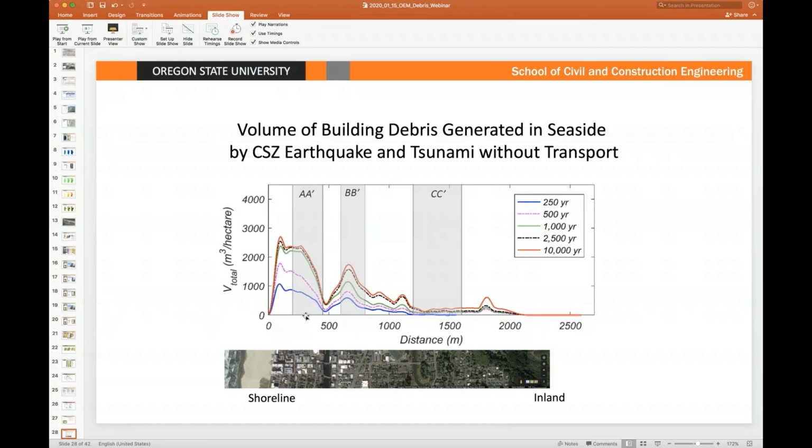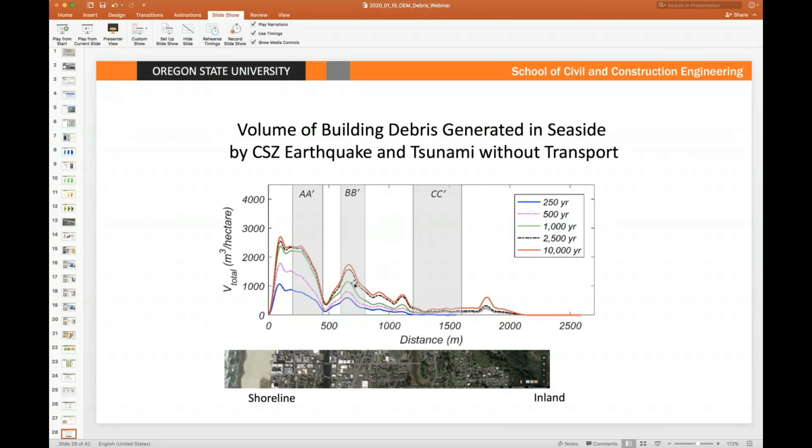You can see that most of the debris would be generated near the water line. So this is trying to, hopefully you guys can see the cursor moving a little bit. And then this dip here corresponds to the Mechanicsum River, which is about 500 meters inland.